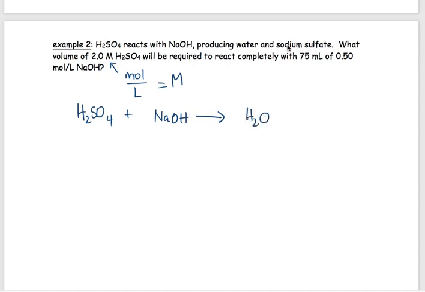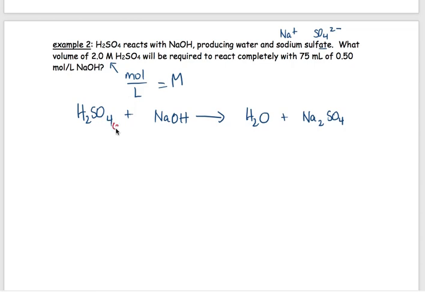Again, if you're trying to translate this one, sodium takes a +1 charge, sulfate, right, is SO4, -2. So when you balance all the charges, or crisscross, you get sodium sulfate like that.